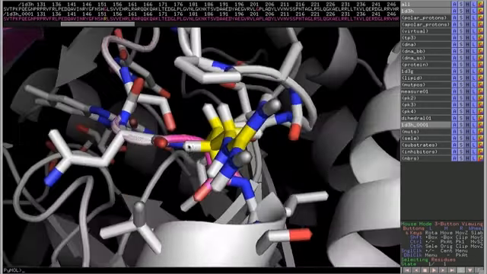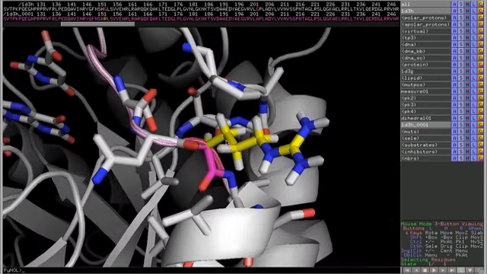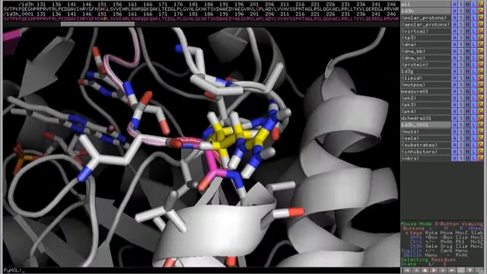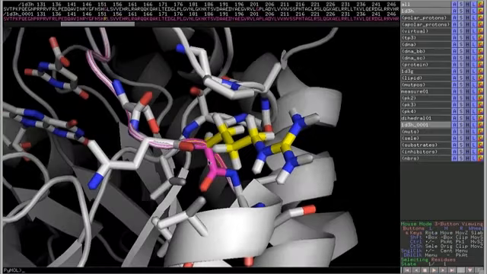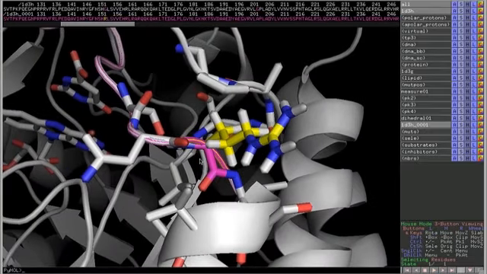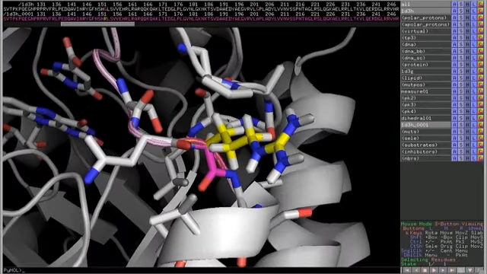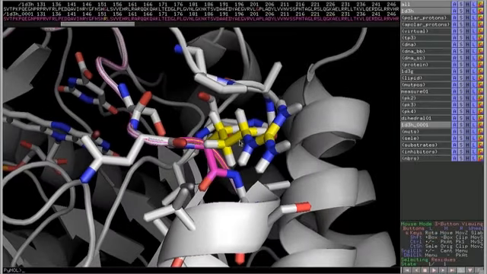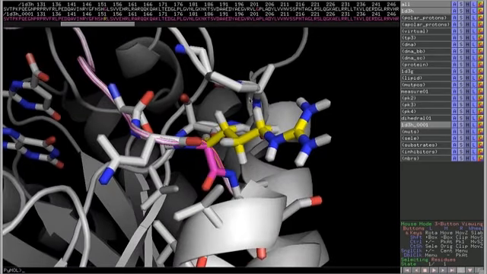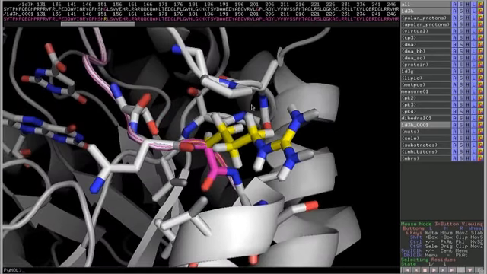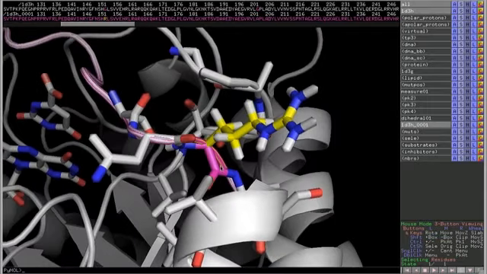So this is the mutation in question, modeled by keeping the backbone of the protein completely fixed, which is just the simplest way to model any kind of a change in the protein structure and a good first approximation. And what we can see is that this arginine now is kind of bumping out. I'm used to looking at these, and what I know is that these are way too close for comfort. But we can show them in another representation that will make that even more clear.